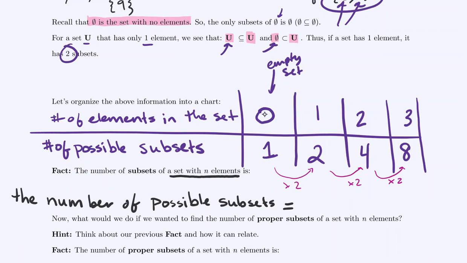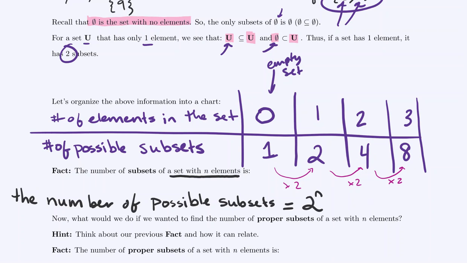We saw the example for 0, 1, 2, 3, but you could have more elements in your set than that. Then the formula for the number of all possible subsets is just 2 raised to the n power, where n is an exponent.